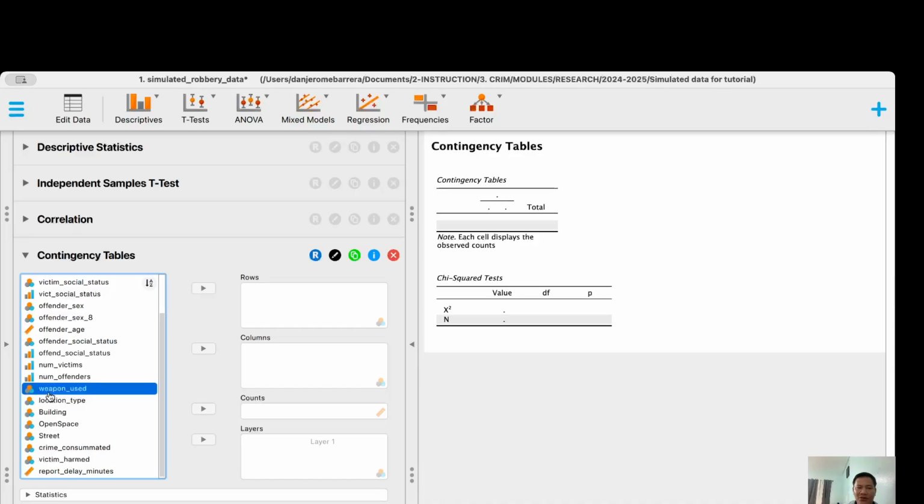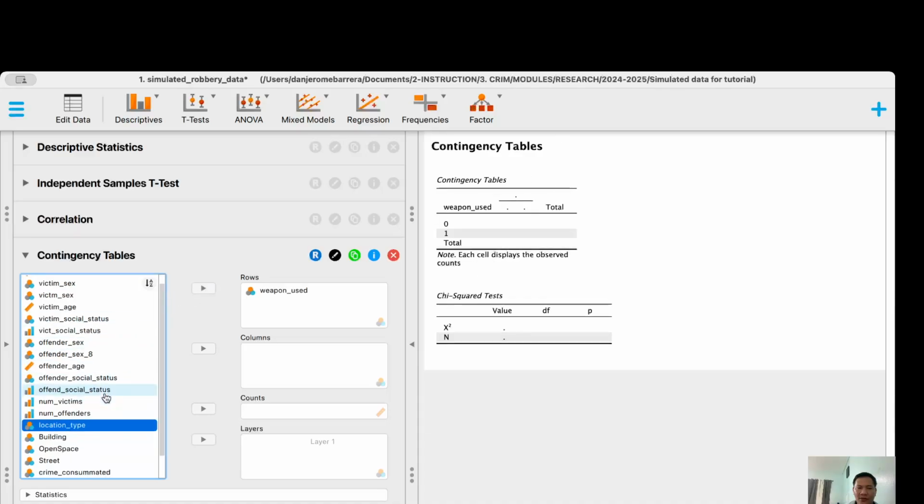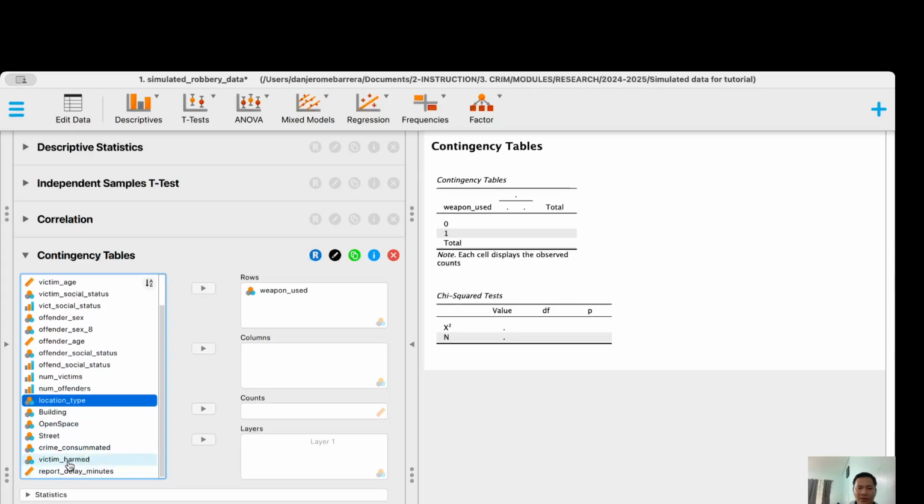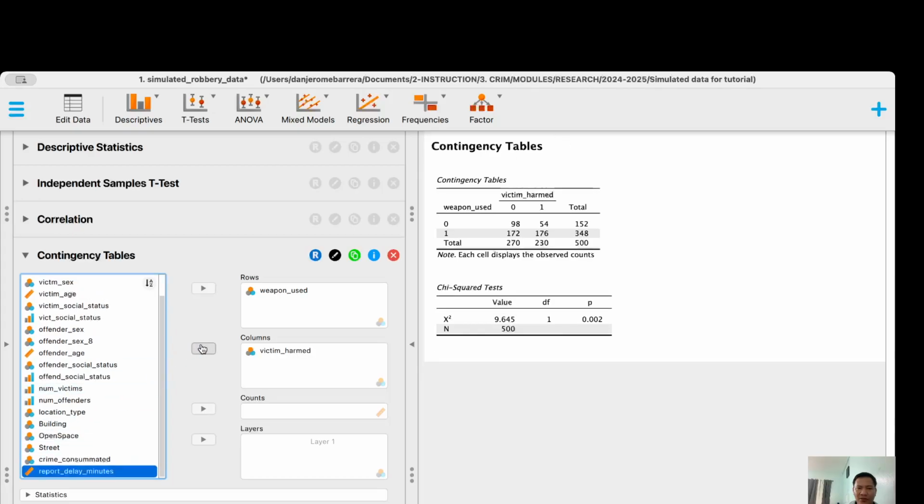So let's choose weapon use, move it to rows, then victim harm, move it to columns. But you can interchange them, depending on your practice. Weapon use can be in the columns, victim harm can be in the rows. It depends on you.